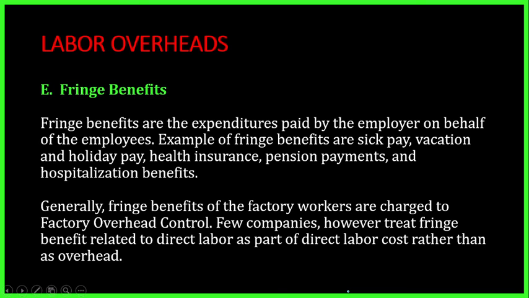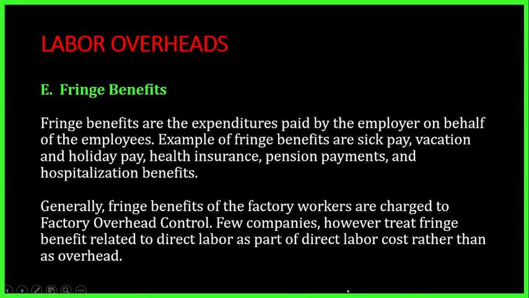Okay, so generally fringe benefits of the factory workers are charged to factory overhead control, although there are some companies that treat fringe benefits related to direct labor as part of direct labor cost rather than overhead. Okay, so why is that?